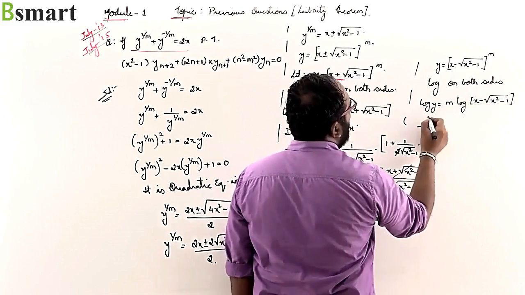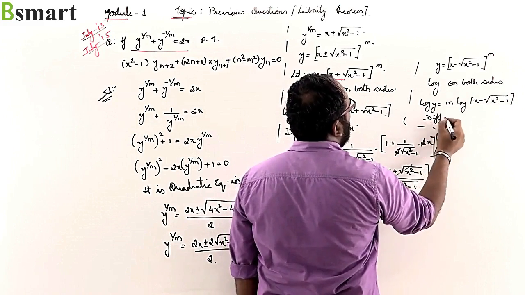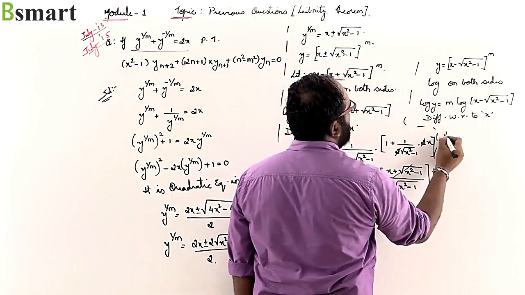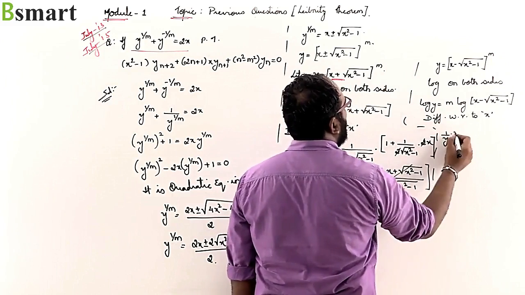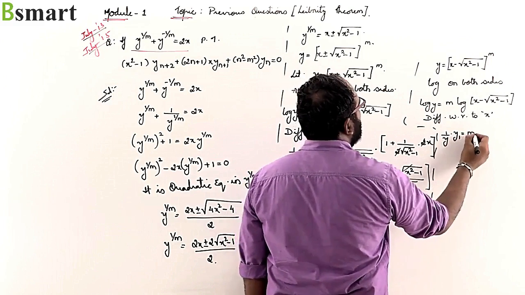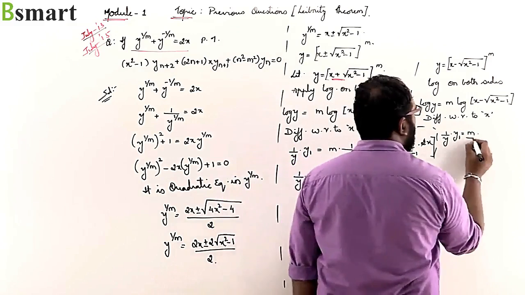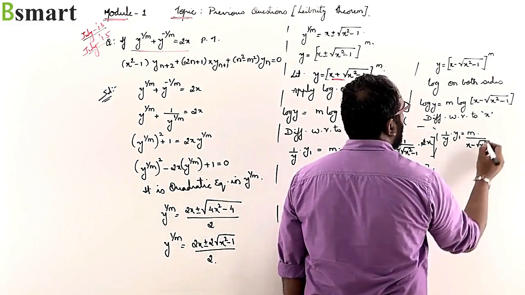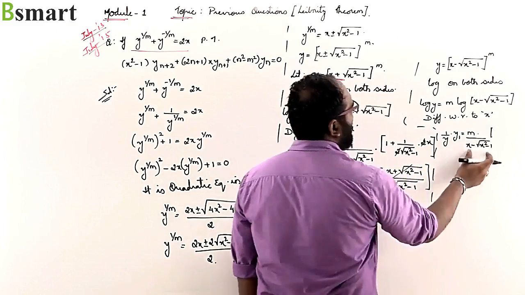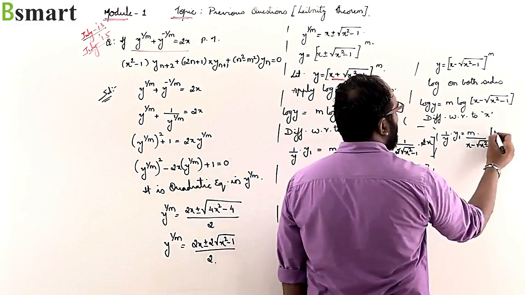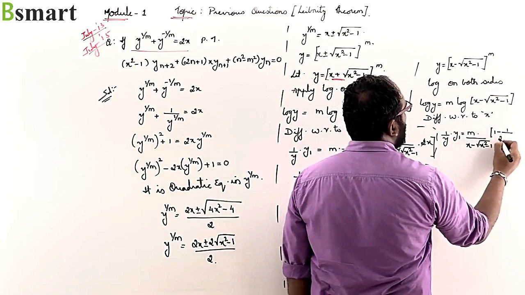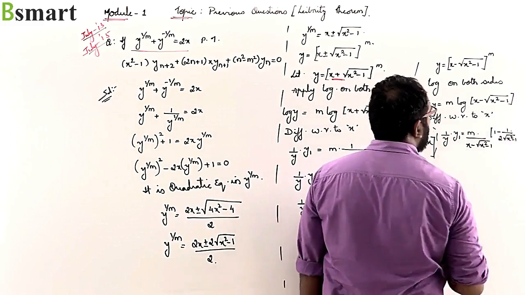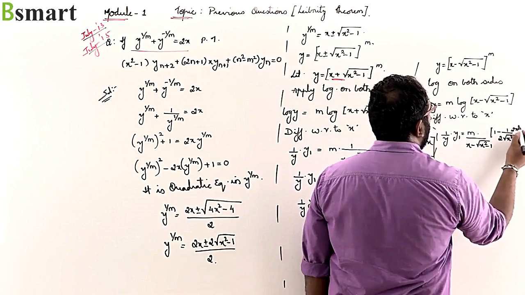So then if we differentiate with respect to x, that will be derivative of log y, that is 1 by y into derivative of y is y1 is equals to m into derivative of log, that is 1 by x minus root over x square minus 1 into derivative of x minus root over x square minus 1 is 1 minus 1 by 2 root x square minus 1 into derivative of x square minus 1 is 2x.